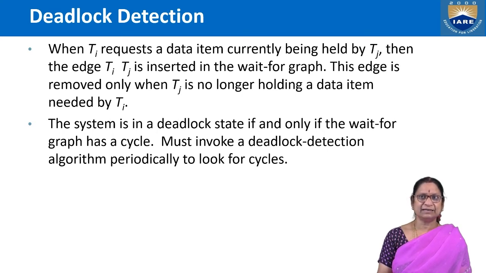The system is in a deadlock state if and only if the wait for graph has a cycle. So a deadlock detection algorithm periodically checks whether there is a cycle in the graph generated currently.